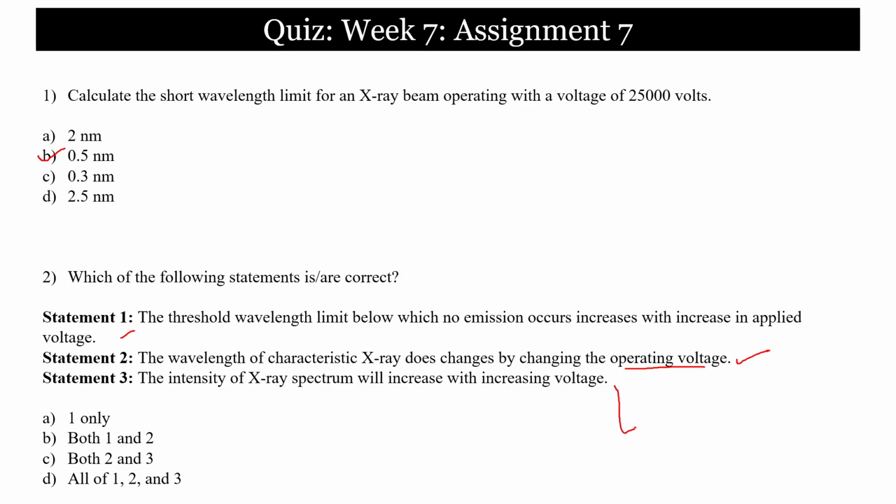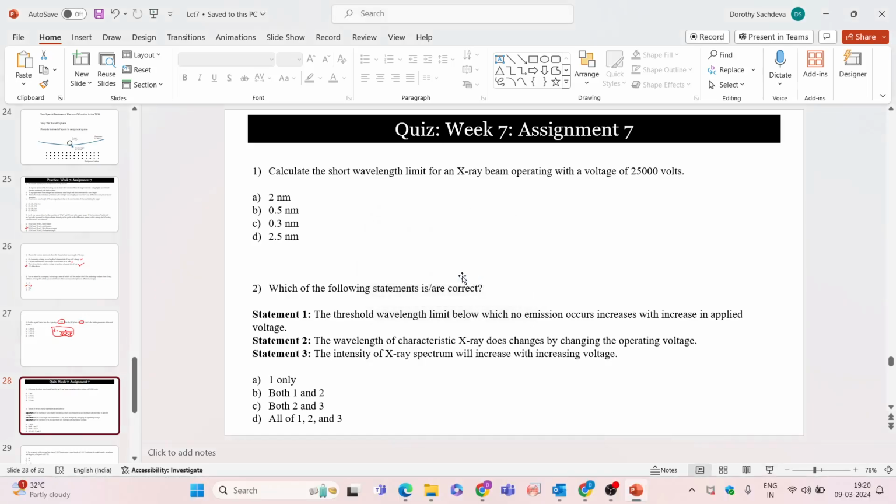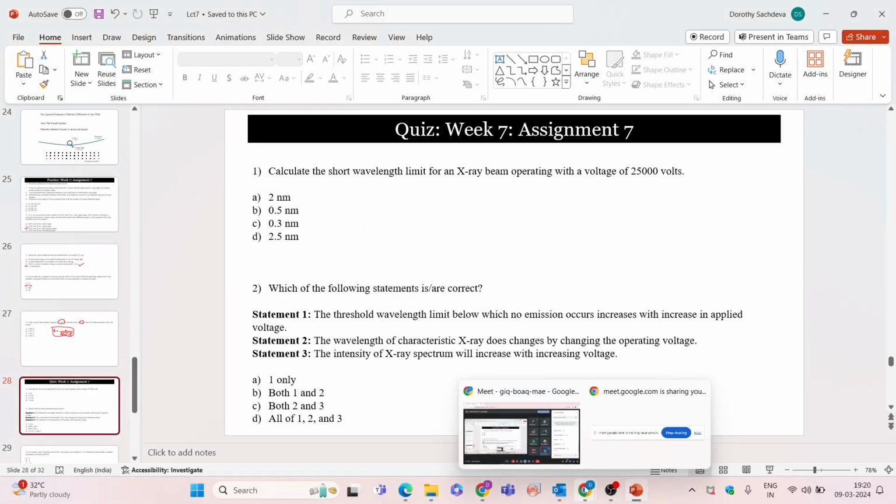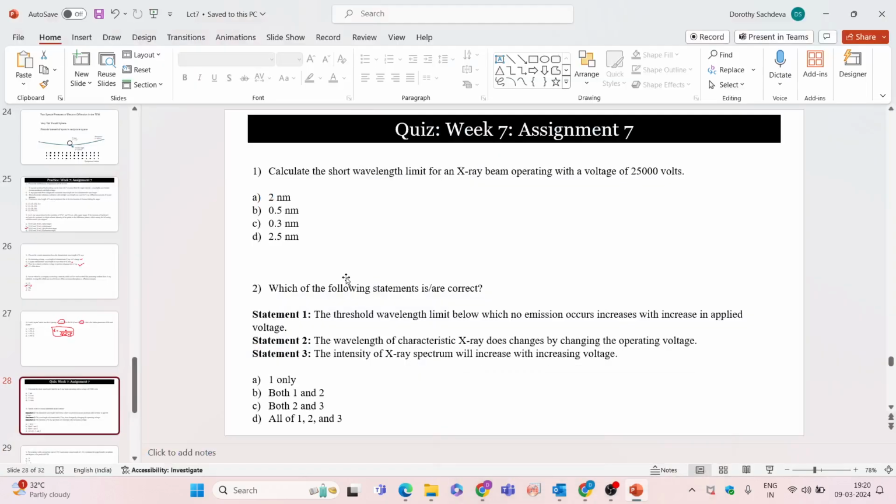Wait, wait. I have a certain doubt in this question. Let me check. There is some problem. Just a second, guys. Statement 1: the threshold wavelength below which no emission occur increases with increased applied voltage.